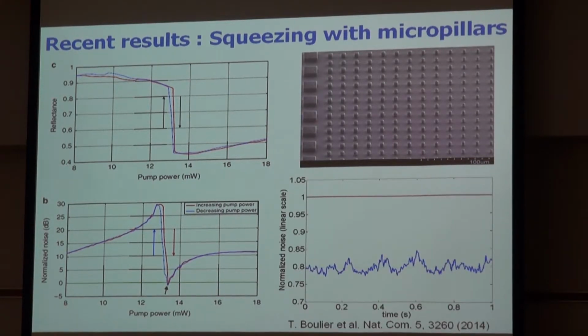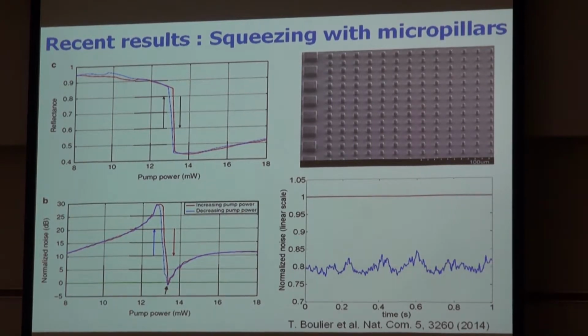And it was actually much better than previously. We had a squeezing which was close to 1 dB. So we were quite happy with this new result, showing the capacity of these semiconductors to produce quantum states.